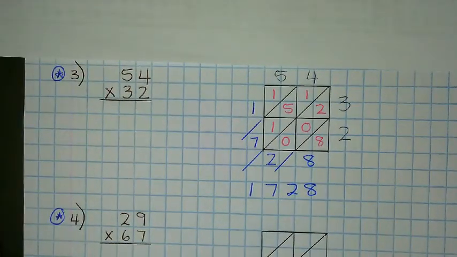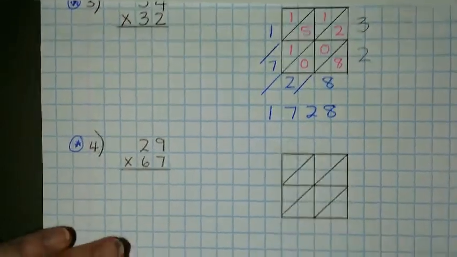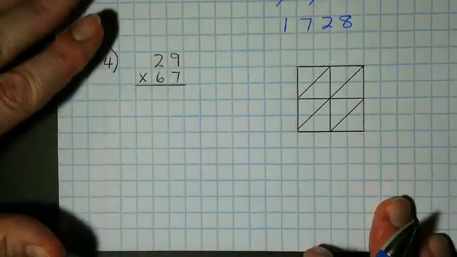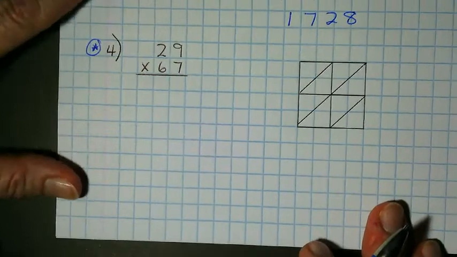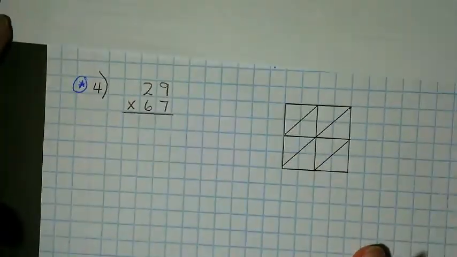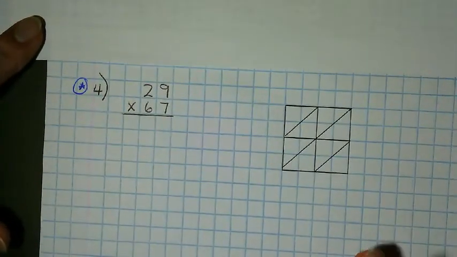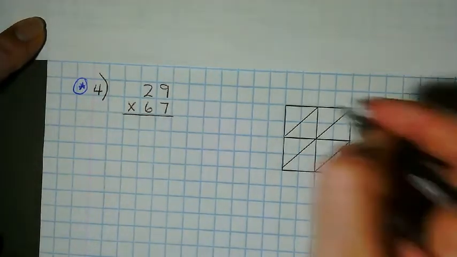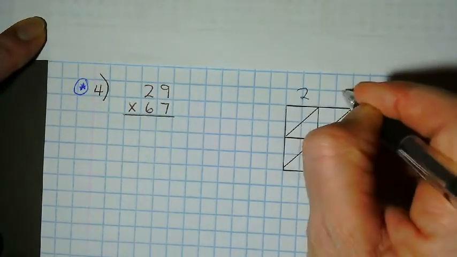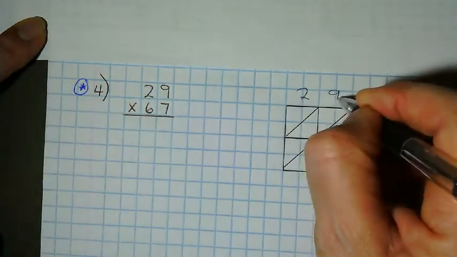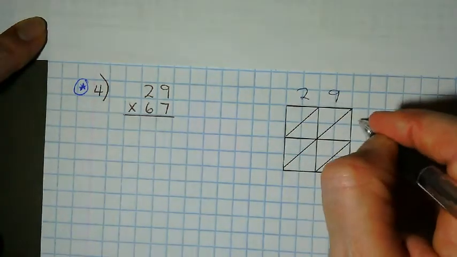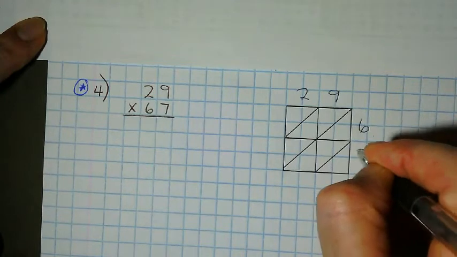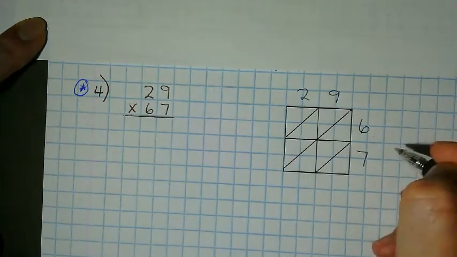Okay, let's try the last one together. Let's write the 2 and the 9. And remember, when you mark your answers, check where you went wrong.